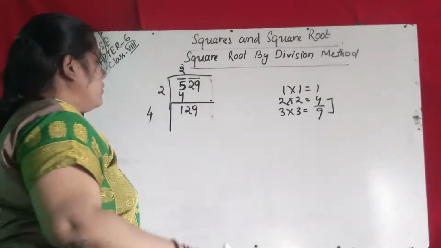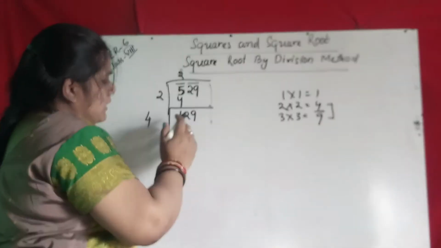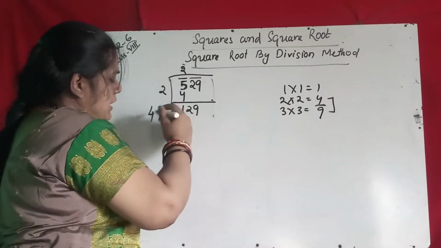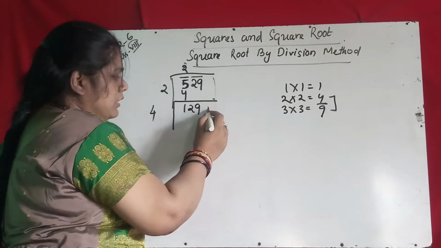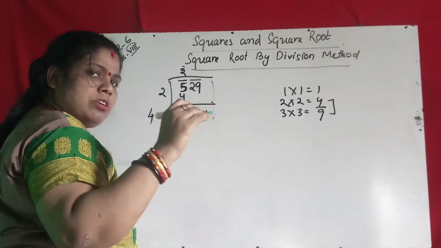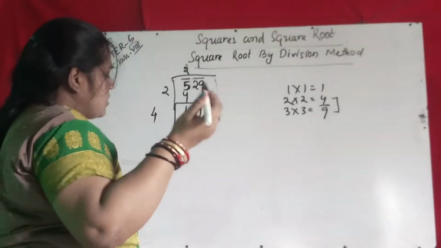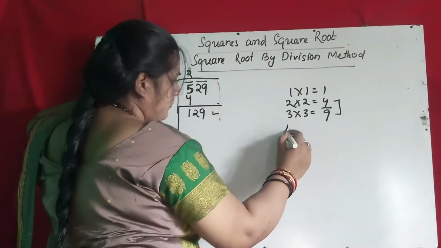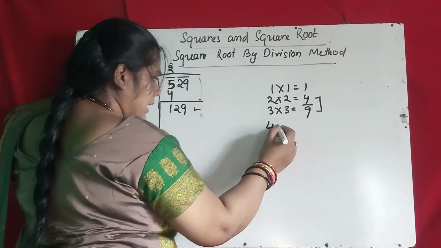Now see by which number multiplying you get 129 or less than this. Beside 4 we put another digit.